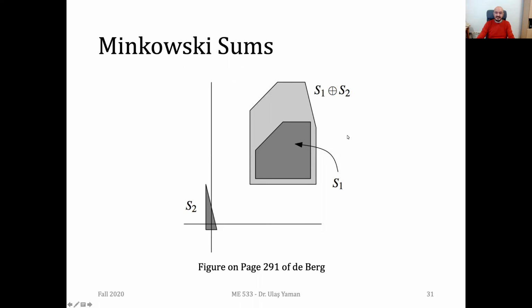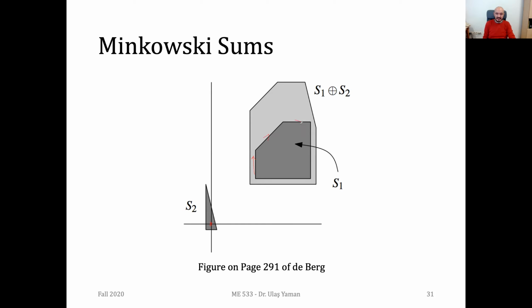This is not CP or the obstacle space of the robot. It's not a robot, but if you are doing Minkowski sum, it's simply moving the center of, let's say, S2 over the boundaries of S1.